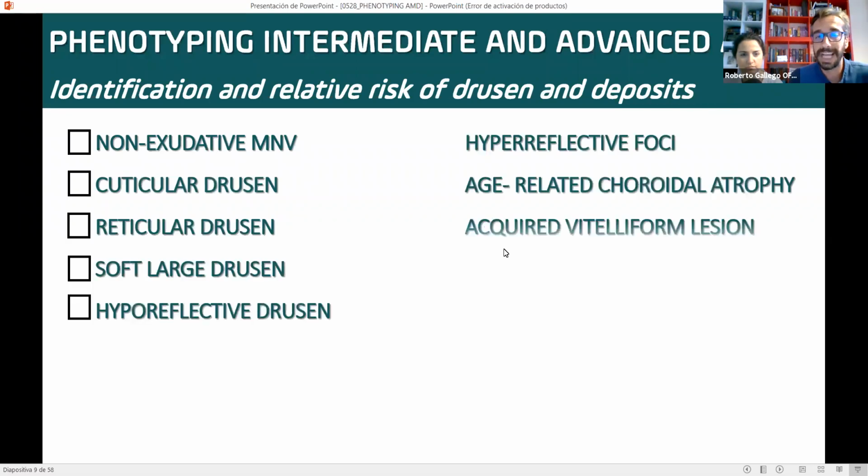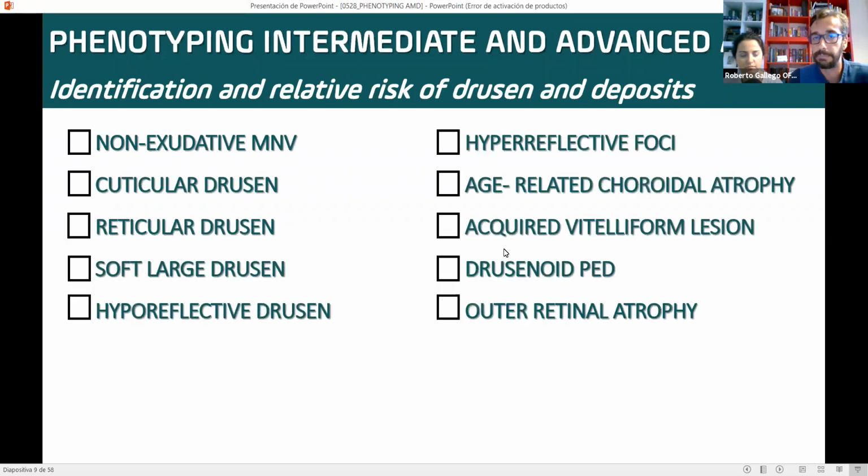This is a little checklist that we have prepared and put together, and we're going to see each one of these things. All of them are OCT-based descriptions of patients with intermediate AMD. Three of them will be very important for a little issue that we will discuss later.